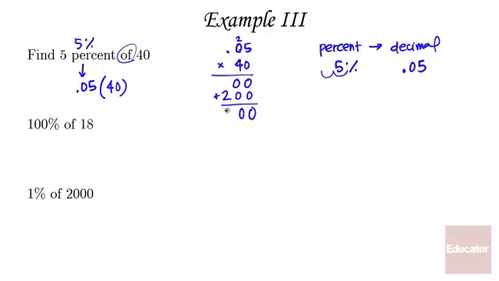Remember, we're adding them down. How many numbers total are behind decimal points? I only have 2, these two. So I'm going to go from here, 1, 2, in 2 spaces. So my answer is 2.00, which is, remember, the same thing as just 2. So my answer is going to be 2. So 5% of 40 is 2.